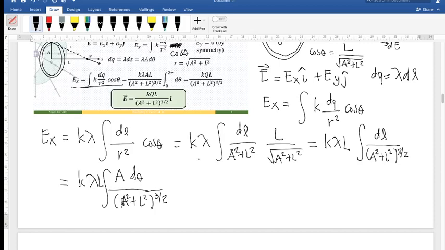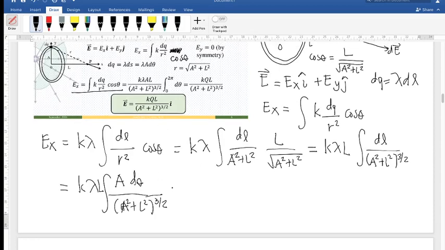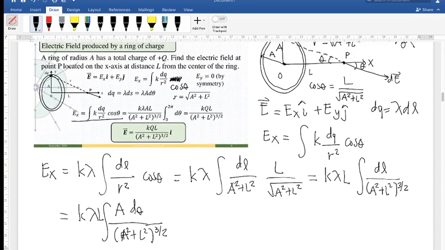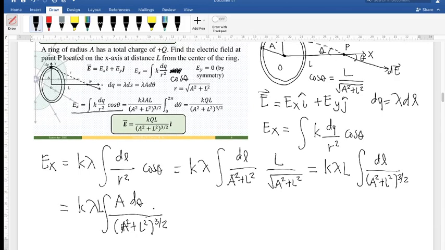Okay, so let's start. So your d theta is actually equal to what? Here, your a squared and L squared are all constant, so we can take all of them outside the integral.